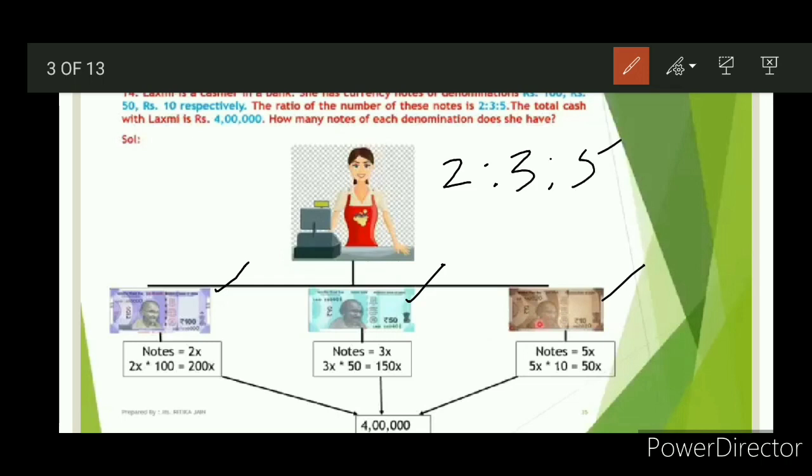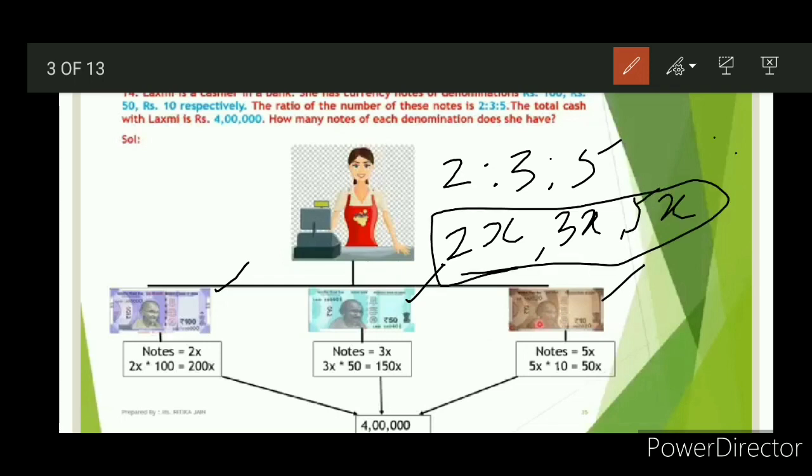We should multiply this ratio with the factor x: 2x, 3x, 5x. These 2x, 3x and 5x are the actual numbers of 100 rupee notes, 50 rupee notes and 10 rupee notes. Right children? Now, how much cash in total do we have? Rupees 4 lakhs. Right?